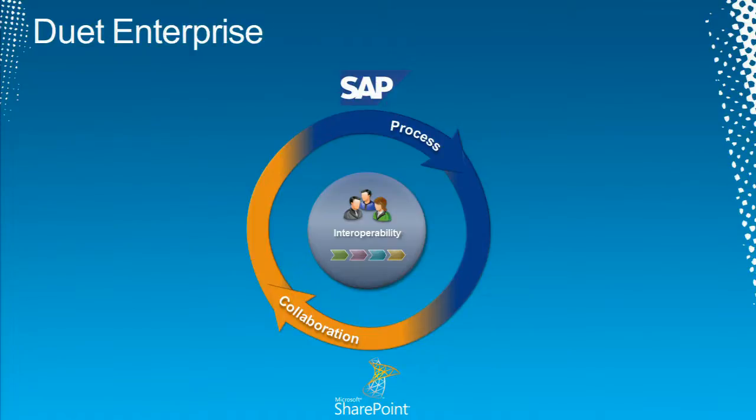It provides us single sign-on between these two systems, okay? Because an SAP user is not necessarily a Windows Active Directory user. I mean, they're both employees of the company, but you might have different identities for them in the different systems. Duet Enterprise helps us manage that. It also, at the interoperability layer, helps manage manageability and supportability of the entire environment.